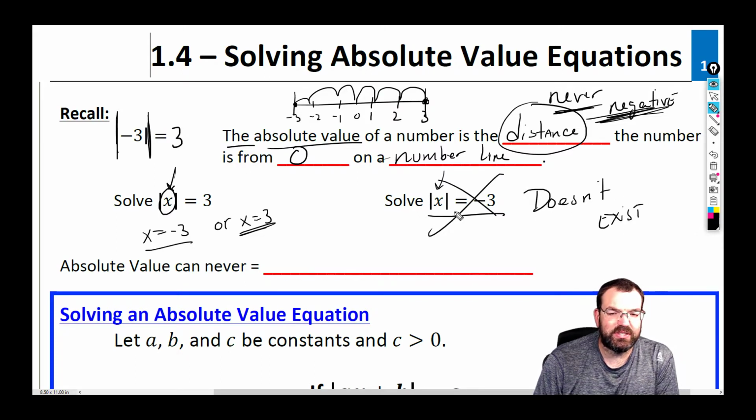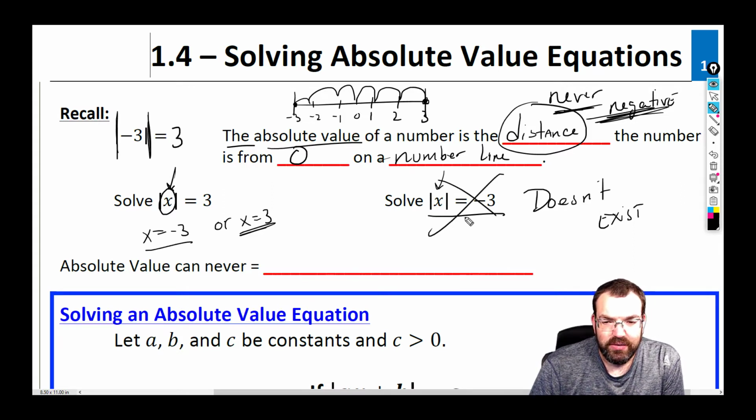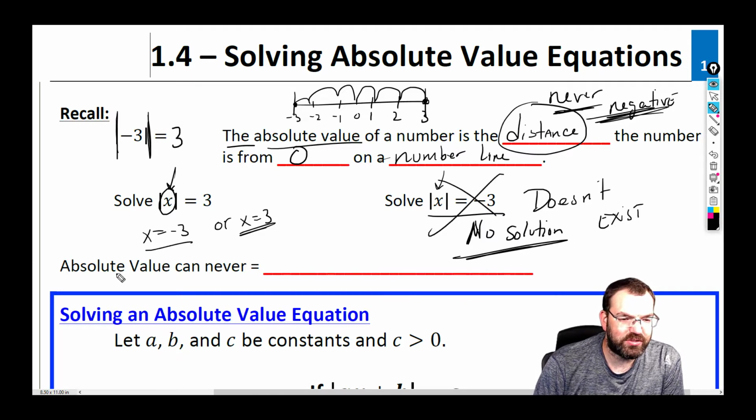Okay, so this is your example of where you get no answers. So this doesn't exist, and therefore the answer would be no solution. That leads into the next point: absolute value can never equal a negative number.